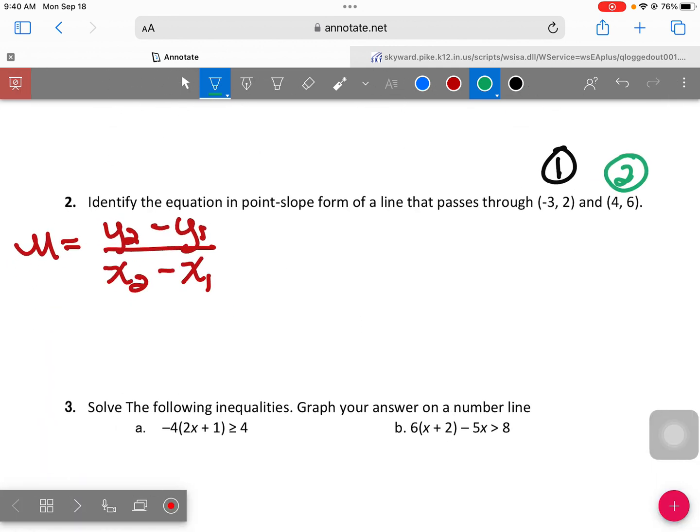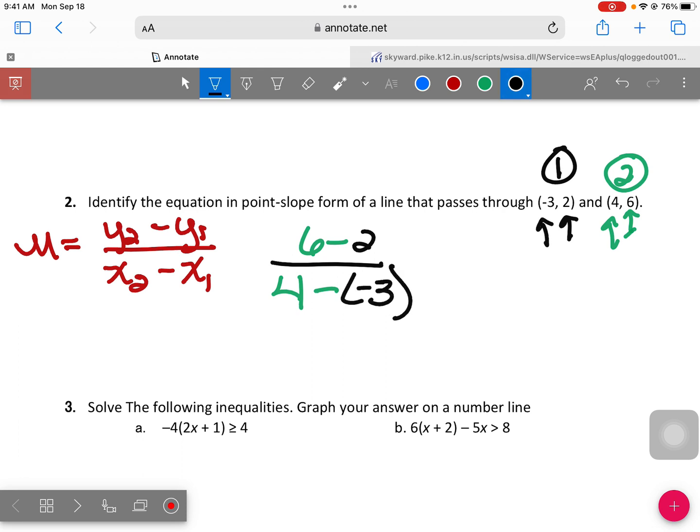Point slope form: y minus y sub 1 equals m times x minus x sub 1. Now you substitute in the y, the plain y stays plain. Minus y sub 1 is 2.